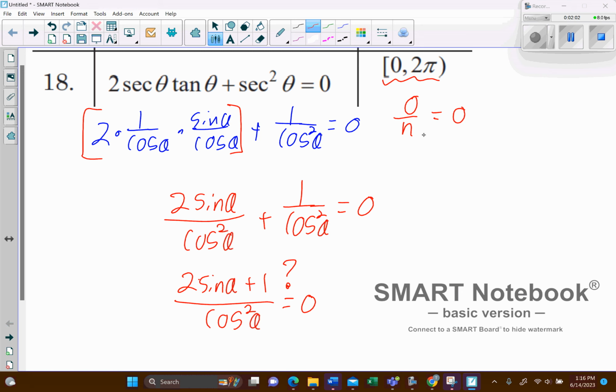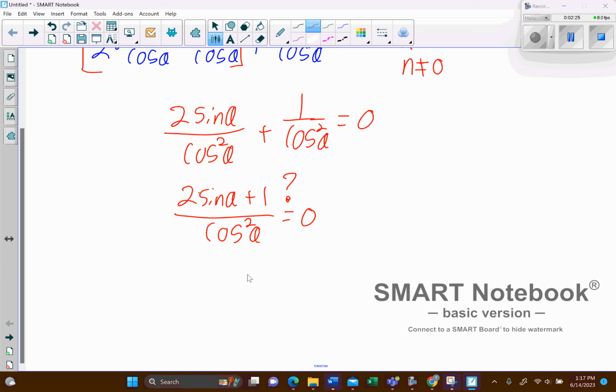So as long as my denominator is not 0, you can't have 0 over 0. But if my numerator is 0, then the whole thing collapses and turns into 0. So you want to be careful not to accidentally come up with a solution that would cause both to equal 0.